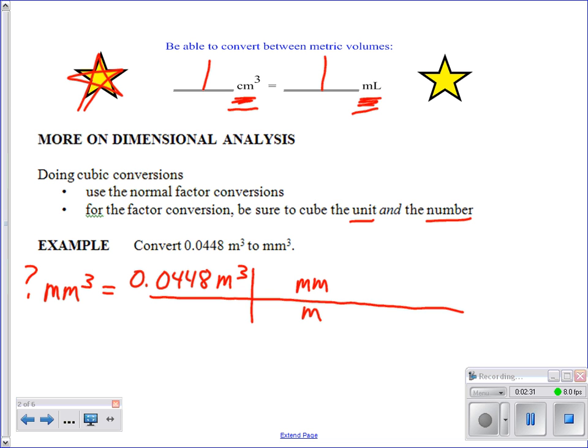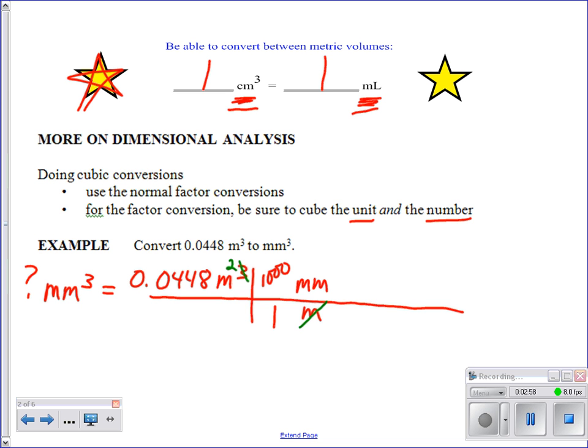Which one's bigger? Meter. So one of these big guys, there are 1,000 of these little guys. But if we stopped right there, this meter cancels out, and one of these meters cancels out. So we would have our answer as meters squared times millimeters, and that's not what we want.